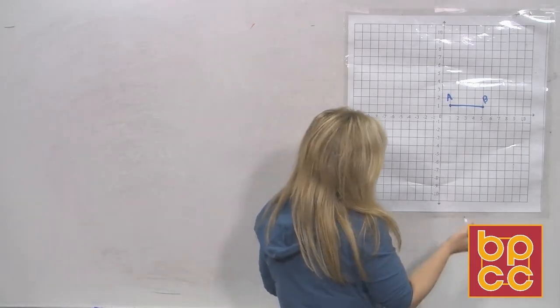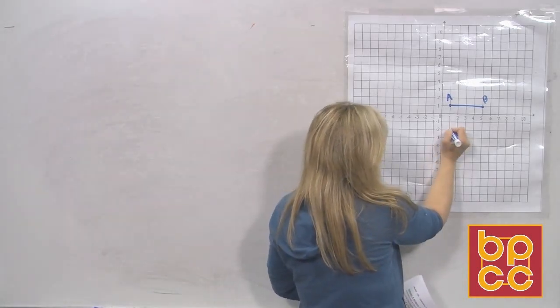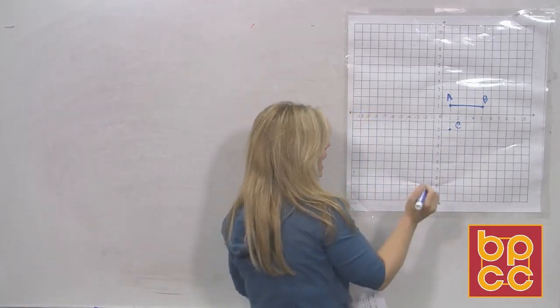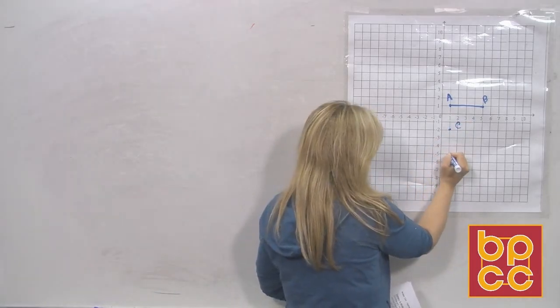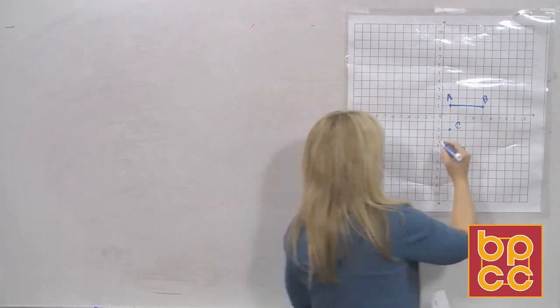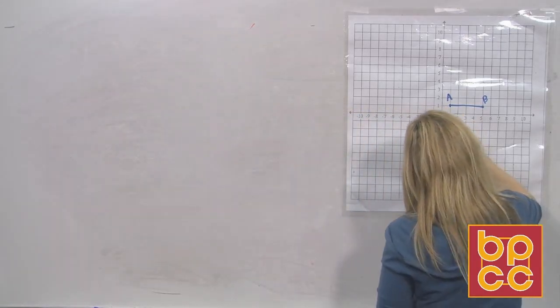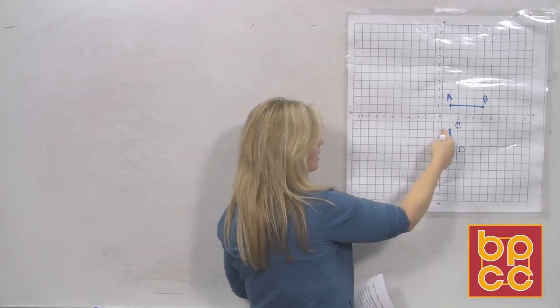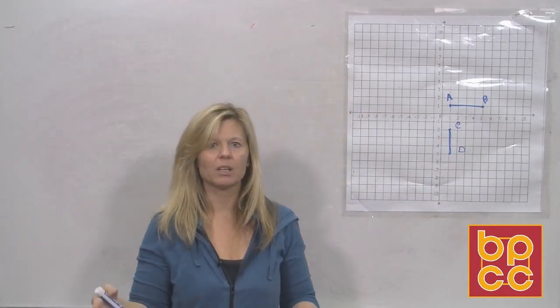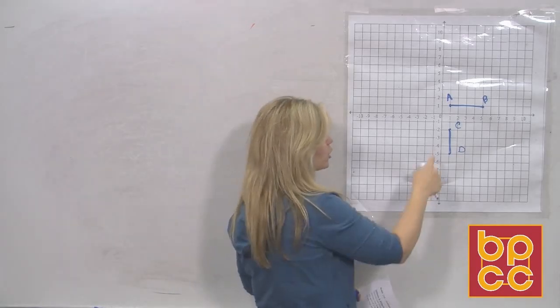If I draw this other line segment, suppose I put point C here at 1, negative 2, and I put point D here at 1, negative 5, and I connect those points to make a line segment. Again, that line segment is vertical. It goes up and down. You would not need the formula to find the distance because all you could do is count.